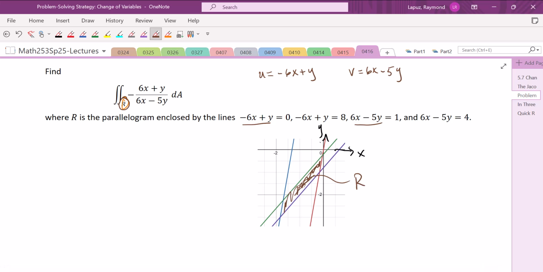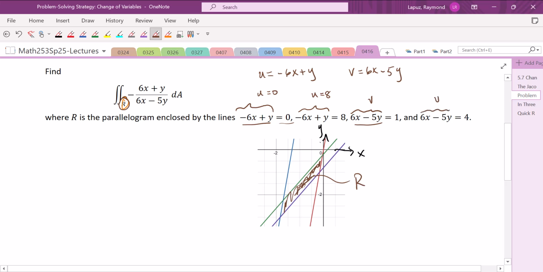If I did that literal replacement here and say this is equal to U and this is equal to U, I will have U is equal to 0 and U is equal to 8. And if I did that literal replacement for this thing as V, then I'll have V is equal to 1 and V is equal to 4.